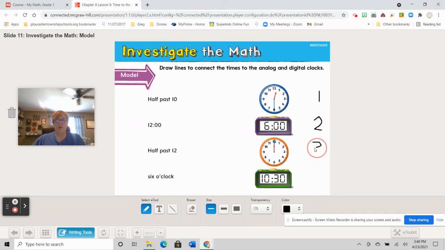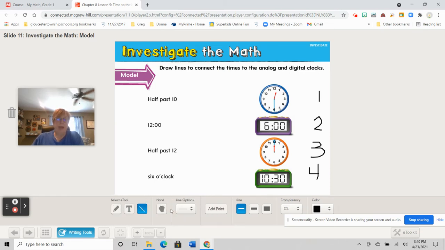This clock will be known as number 3. And this clock is number 4. So what I'd like you to do, since I am unable to have you come up and draw lines to connect, when I say a time, I'd like you to put the number 1, 2, 3, or 4.